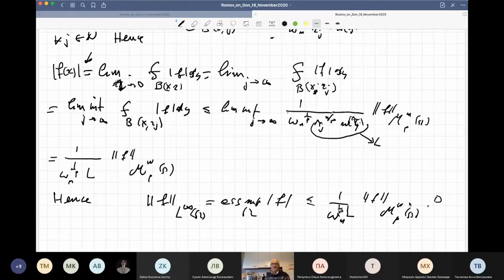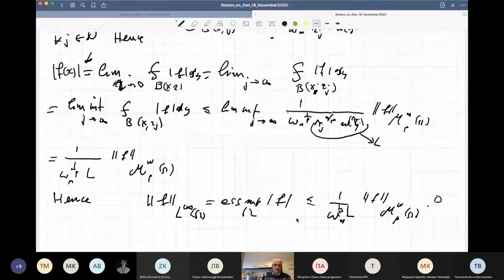And this concludes the proof, because you have shown that MWP omega is embedded into L infinity. Sorry, no, the other way around, we showed that MWP is embedded in L infinity, okay?